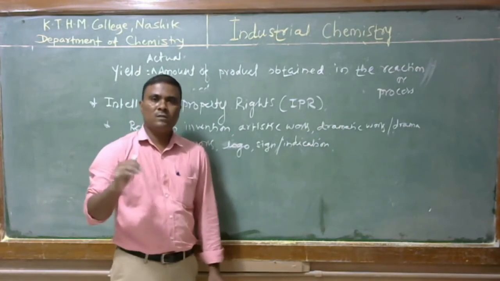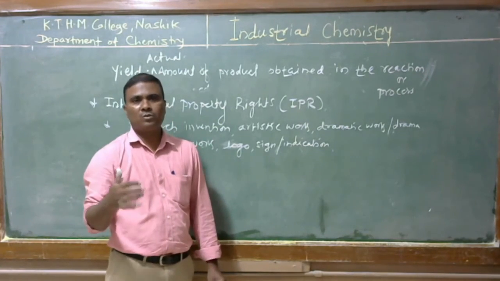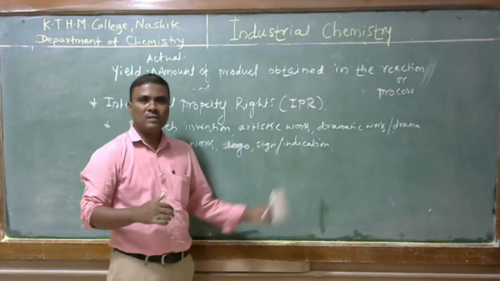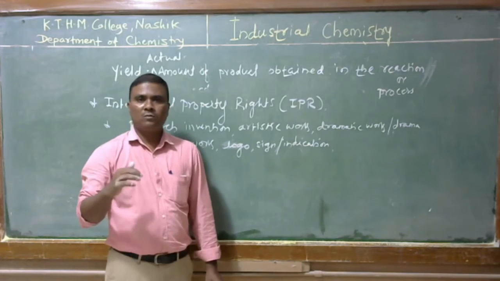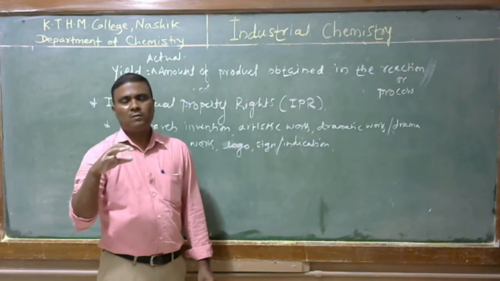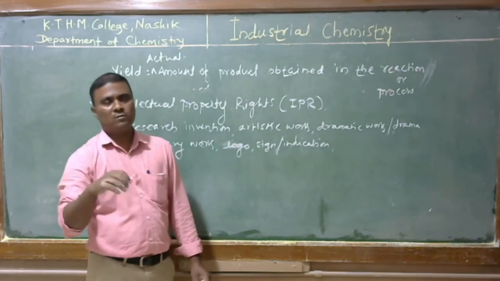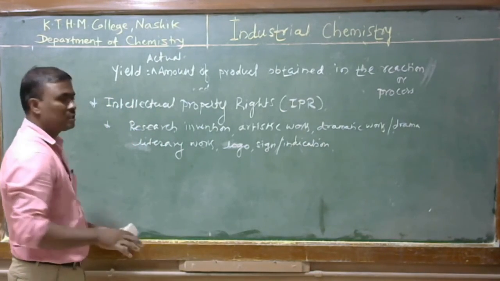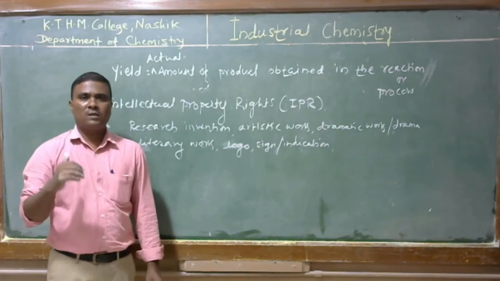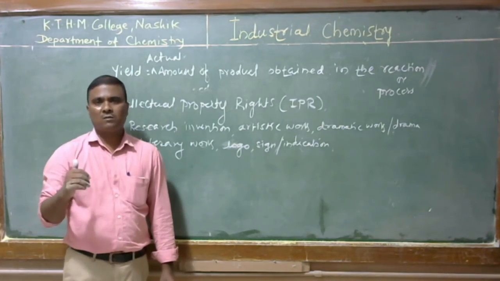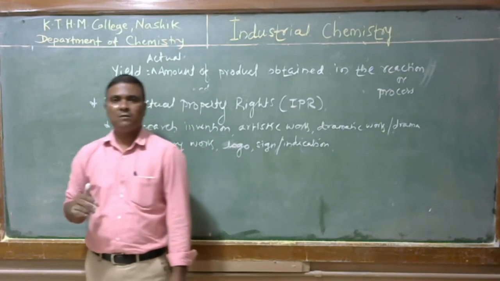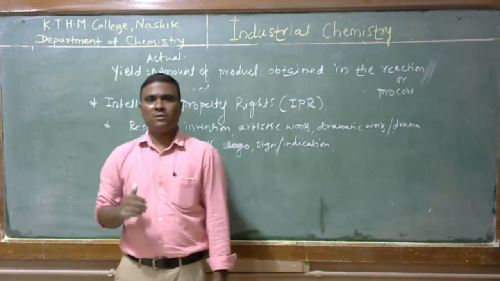And not only this, even if you give a specific logo to the books, institutes, or any industry, or sign indications, we can take the rights from the government. So basically, the government gives these exclusive rights to the inventor or assignee. Basically, IP rights is the creation of mind.